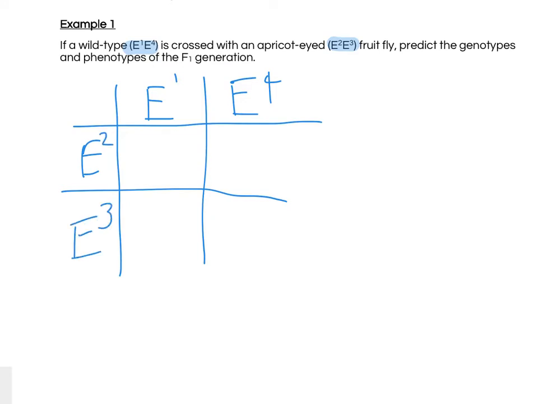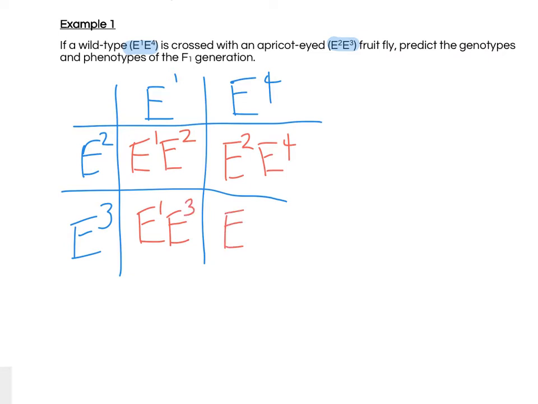And now I'm just going to do my cross as I normally would, putting the numbers from lowest to highest, so E1, E2, and then I would have E2, E4, E1, E3, and then E3, E4.